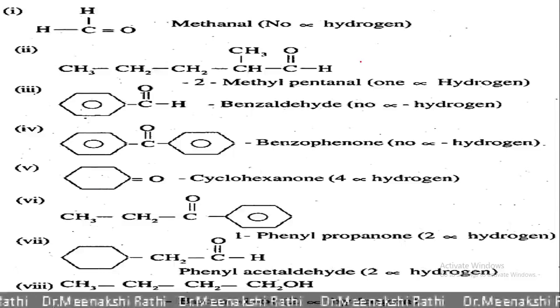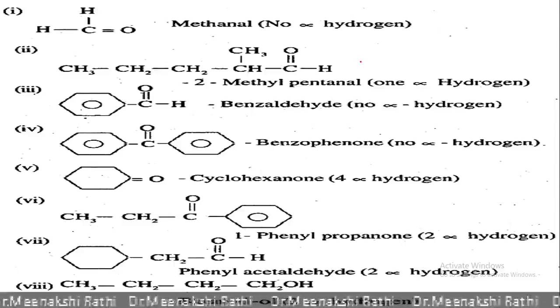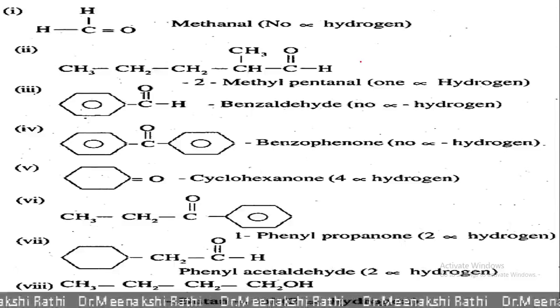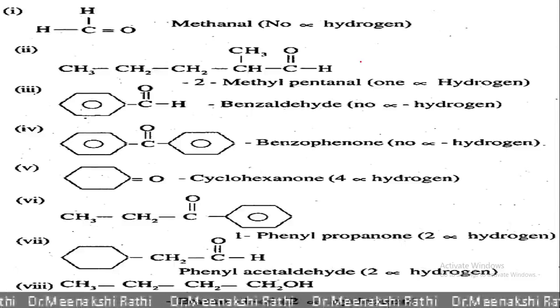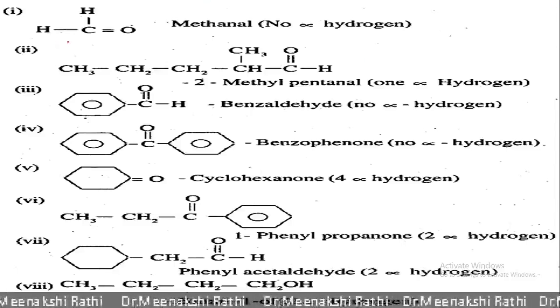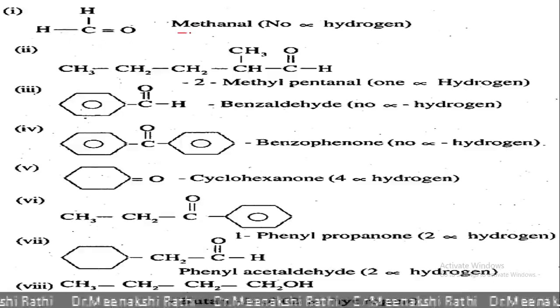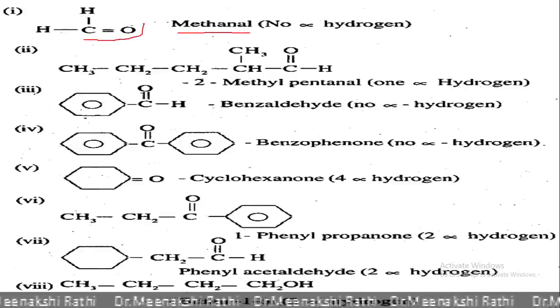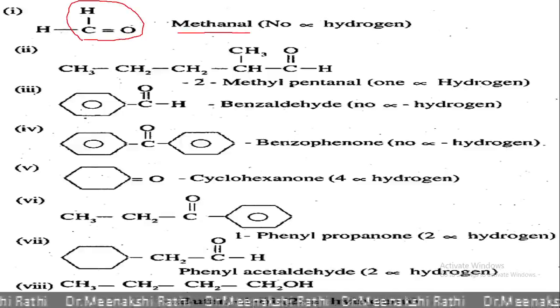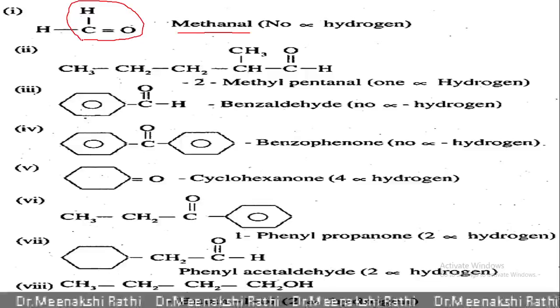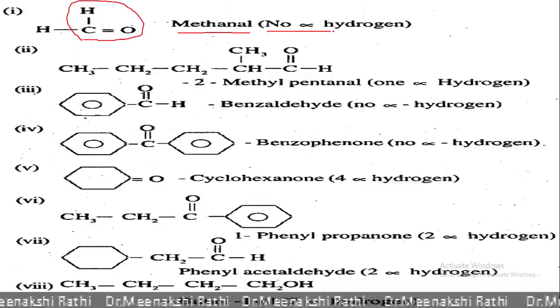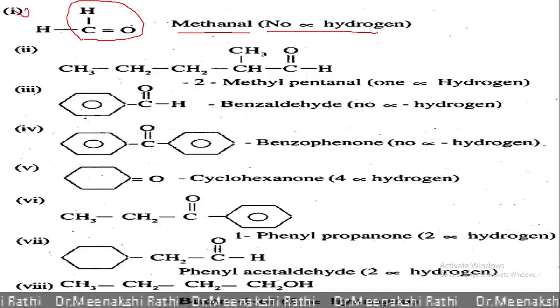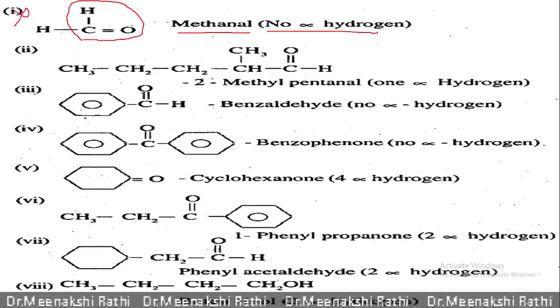See here some more examples. From these you can find out which can undergo aldol condensation and which cannot. Now methanal, which is also called formaldehyde. It has no alpha carbon and no alpha hydrogen. This is the functional group. No alpha carbon, no alpha hydrogen, so it cannot undergo aldol condensation.